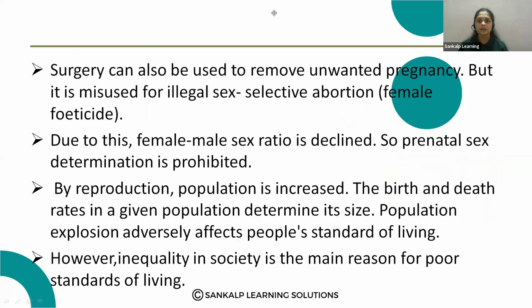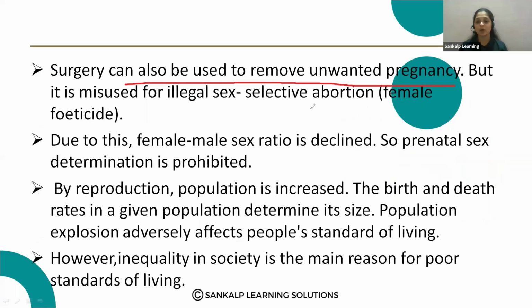Here, surgery can also be used to remove the unwanted pregnancy. By using surgery after the fertilization, after the implantation also, they can remove the unwanted pregnancy, but it is misused for illegal sex-selective abortion.